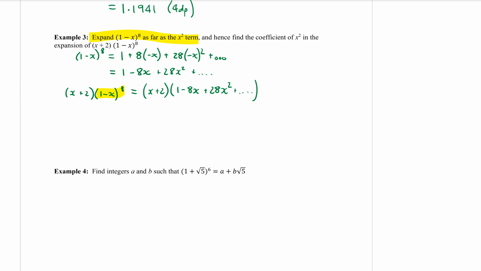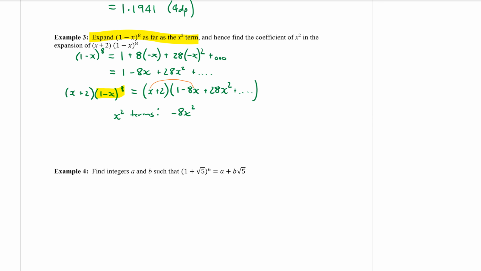Now I'm looking for x squared terms. I don't care about the other ones, just the x squared ones. We don't want to expand everything out, we just want to look for the x squared terms. I could find an x squared term if I multiplied an x with another x. So when those ones get multiplied, I would get negative 8x squared.